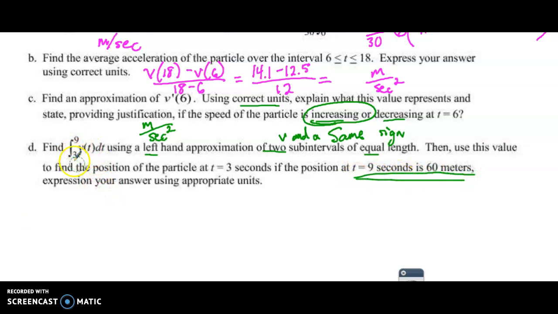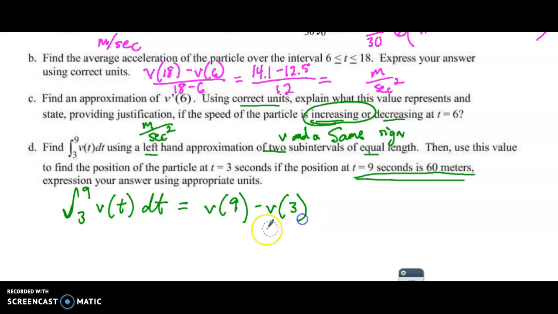So what we could do is, once you practice doing your left Riemann sums of the integral of this, the integral from 3 to 9 of v of t dt would equal v of 9 minus v of 3, and you can replace v of 9 with 60, and then solve for v of 3.